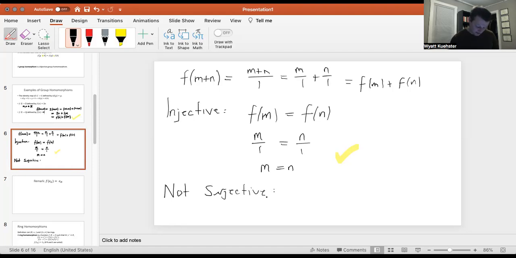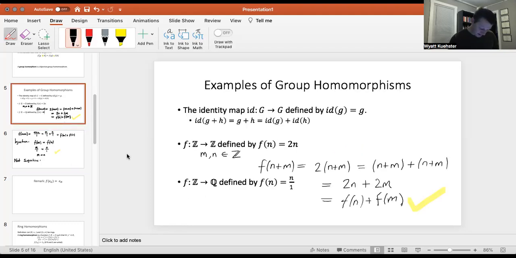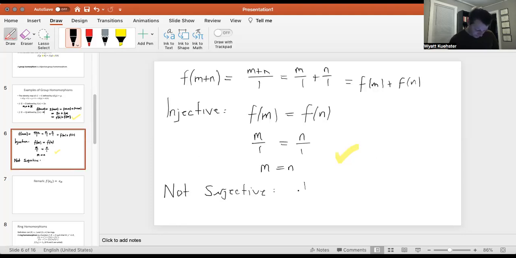Why? Because there is nothing in the integers that can, under this map, ever hit 1 over 2. And I claim that's kind of obvious, right? If n maps to 1 over 2, well, it just can't happen. f takes n to n over 1.